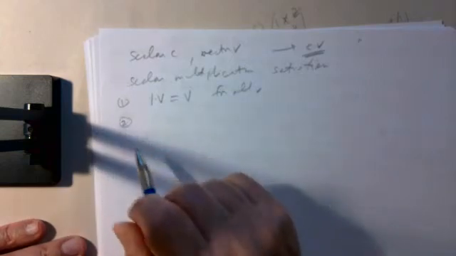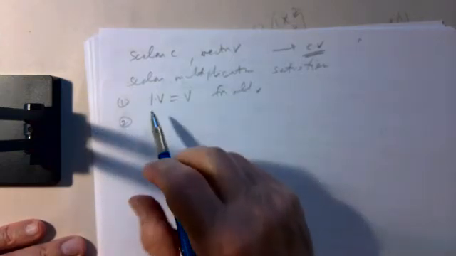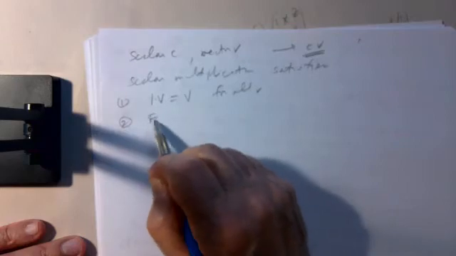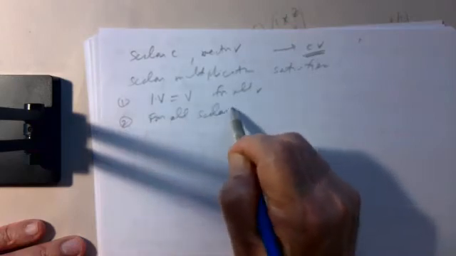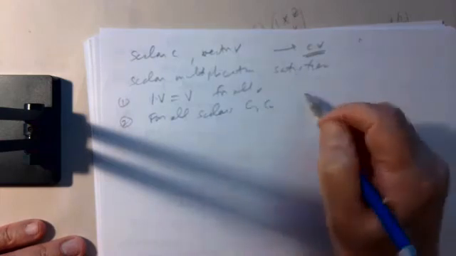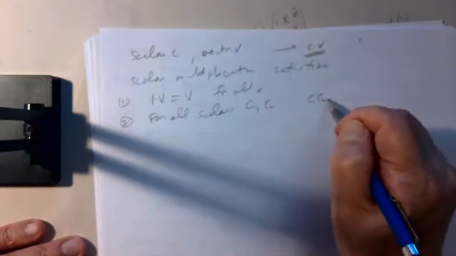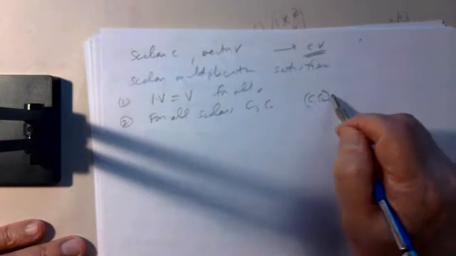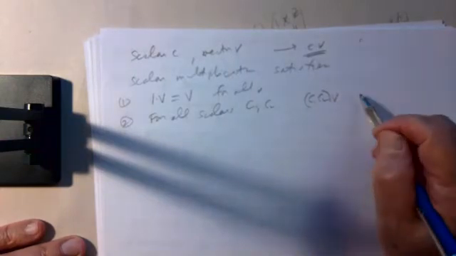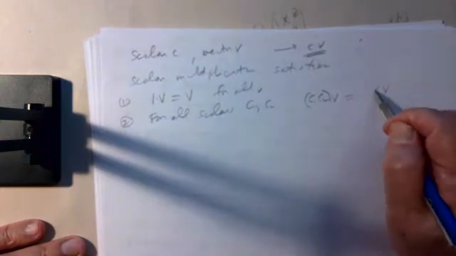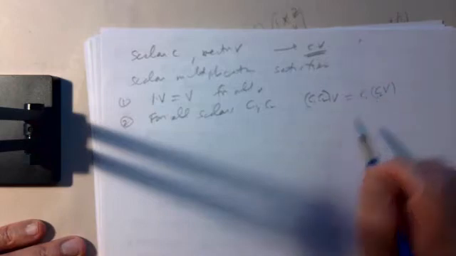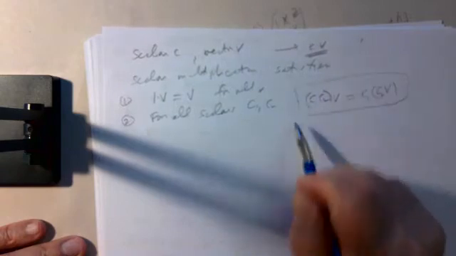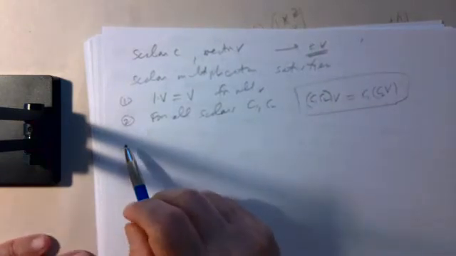Second, we have a kind of associativity: for all scalars c1 and c2, you can multiply the scalars and then multiply that scalar by the vector, or you can multiply the vector by c2 and then multiply that vector by c1. And this is always true.